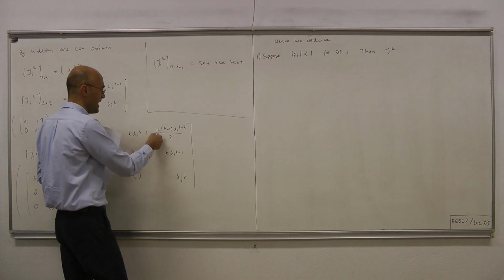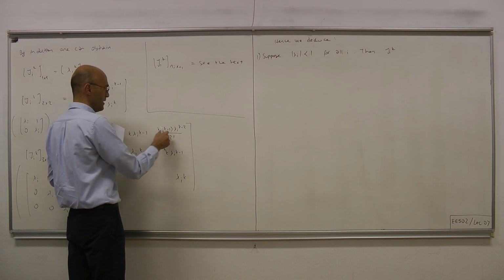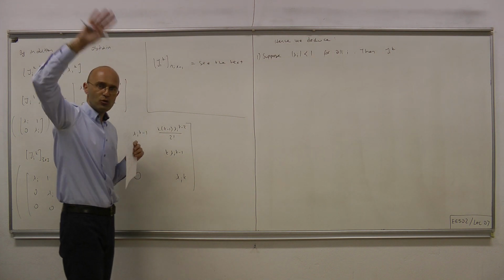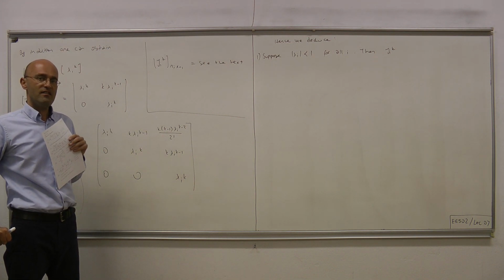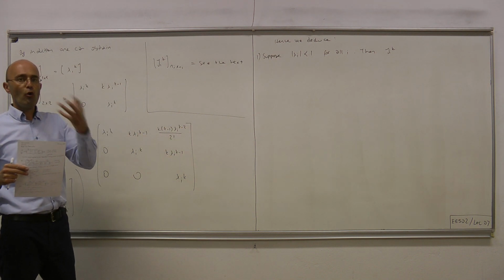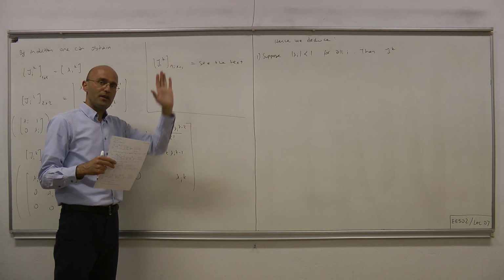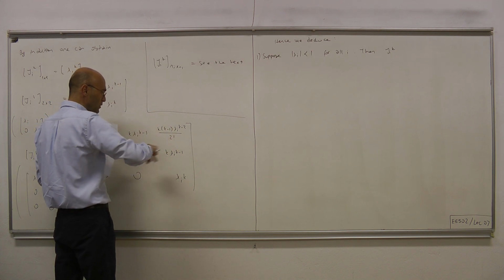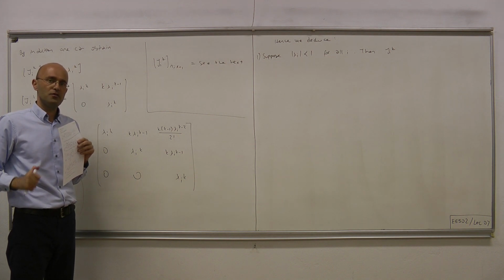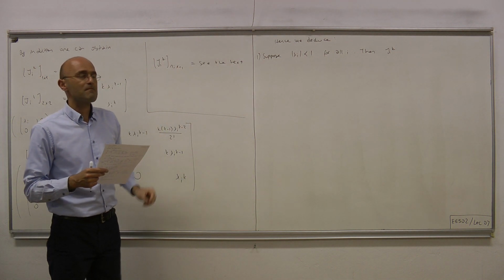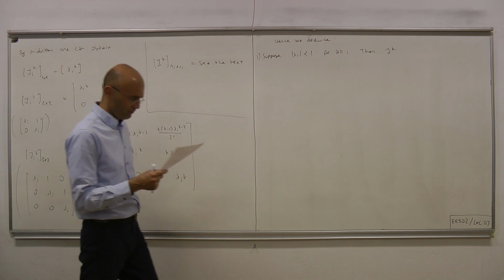Now, even though we have k terms here and there, and here we have a k squared term, those polynomial terms tend to increase as k goes to infinity, but the exponential decrease will dominate the polynomial increase. Even though we have those polynomials, all the terms will converge to 0 if all the eigenvalues have strictly less than 1 magnitudes.